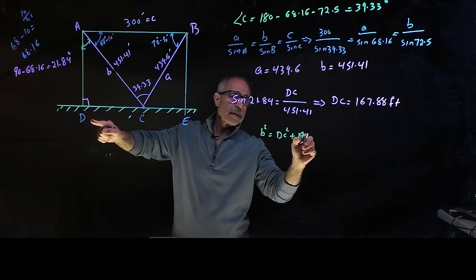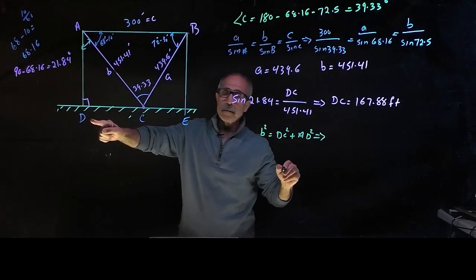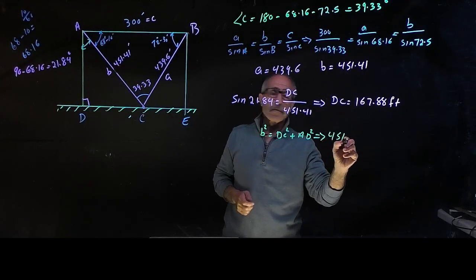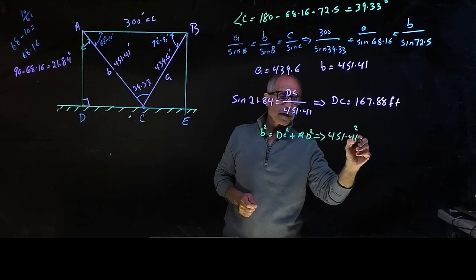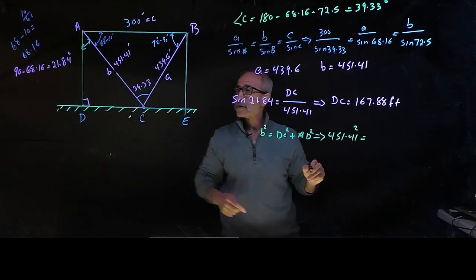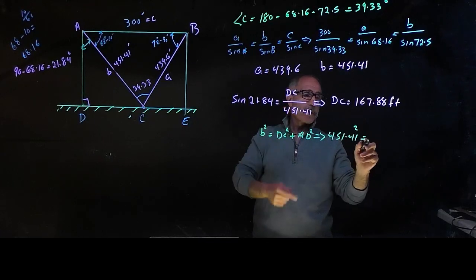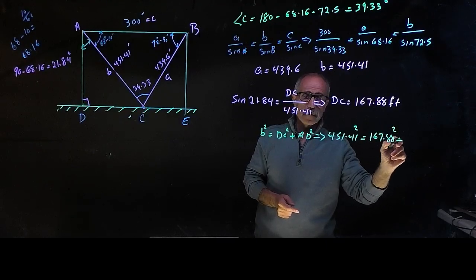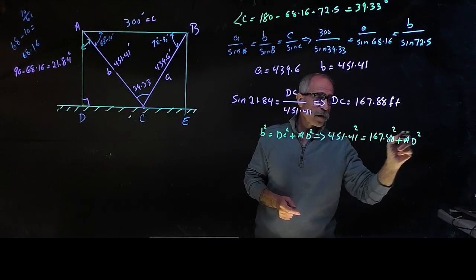I want to know what AD squared is. If I plug a number, that becomes 451.41 squared is equal DC, which we know, we just figured it out to be 167.88 squared plus AD squared, which we don't know.